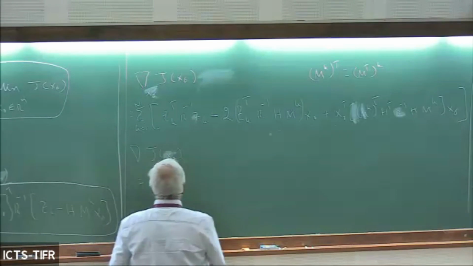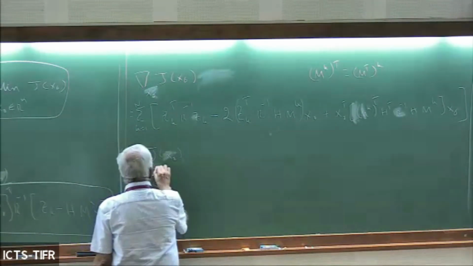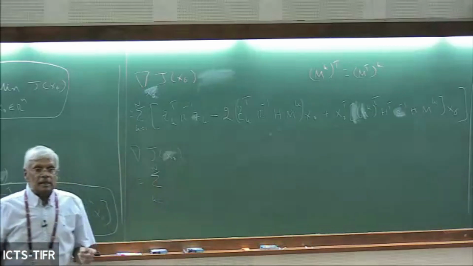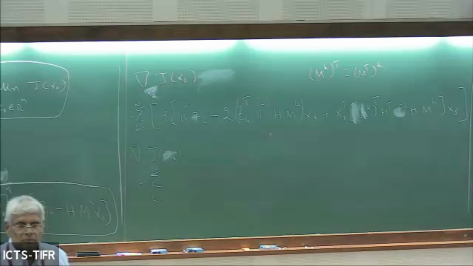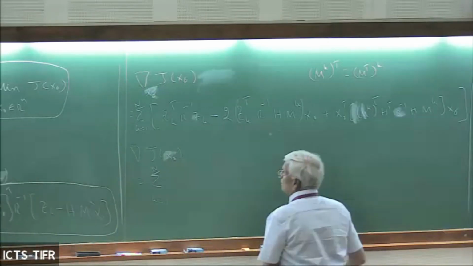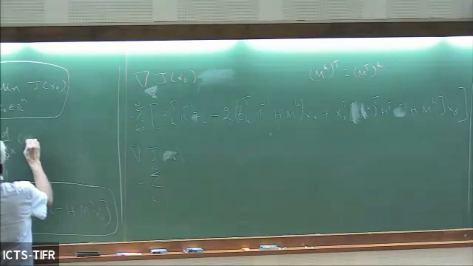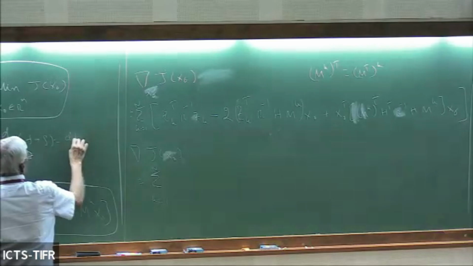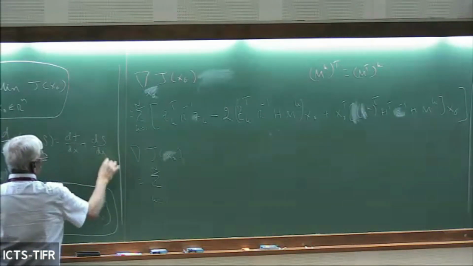So, what is this? This is going to be summation k is equal to 1 to n. Please remember, the gradient of the sum is the sum of the gradients. d by dx of f plus g is equal to df by dx plus dg by dx.